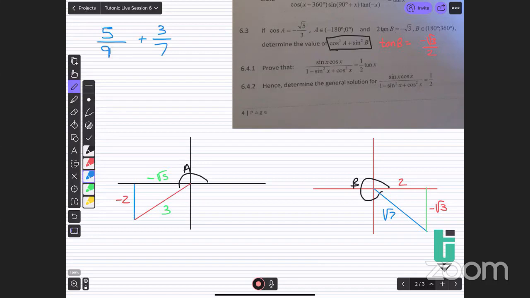And the lowest common denominator of 9 and 7 is 63. So 62 over 63. Yeah, it's quite nice. Okay.